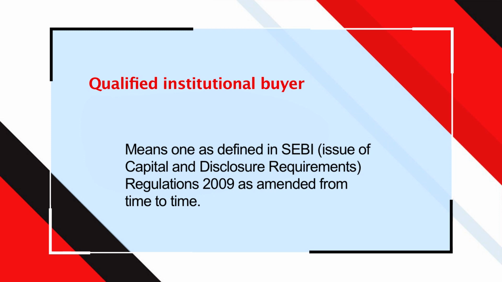The second explanation to subsection 2 states that for the purposes of this subsection, a qualified institutional buyer means one as defined in the Securities and Exchange Board of India Issue of Capital and Disclosure Requirements Regulations 2009 as amended from time to time.